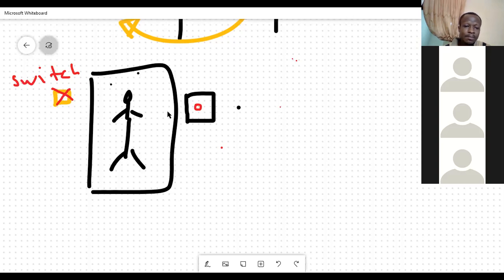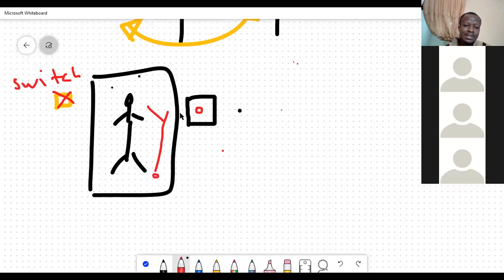Your head is facing down. Listen first, so that you can get it right. I know the answer I'm looking for. If you are now facing down this way, when you reach on your right hand side, you expect the switch to be here, but it won't be there, right? So how would you know where the switch is now, when you actually touch on the right and your switch is no longer there?